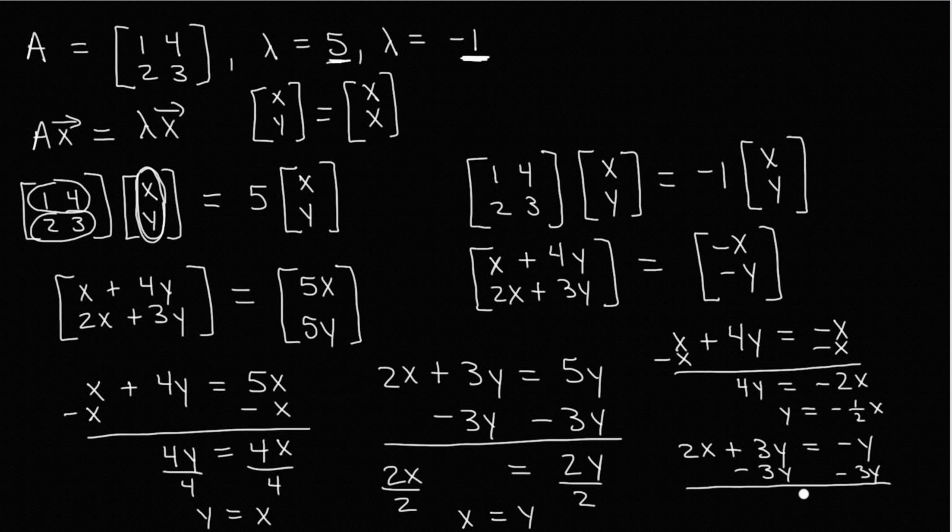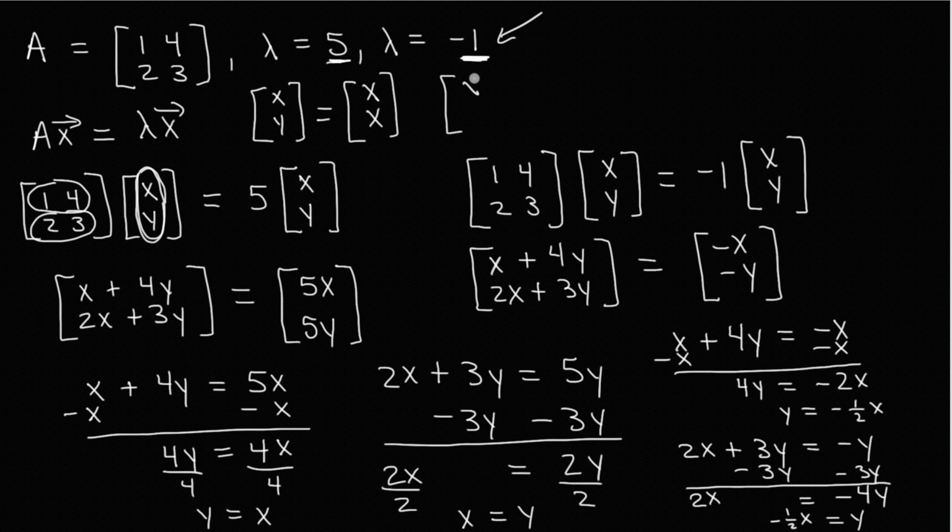So if we do that, they'll cancel out on the left side. You'll just bring down the 2x and you'll have -4y. And then what we can do is divide both sides by -4. If you do that, you'll get the same thing, -1/2 x. So that equation is going to characterize our eigenvector for this eigenvalue right here.